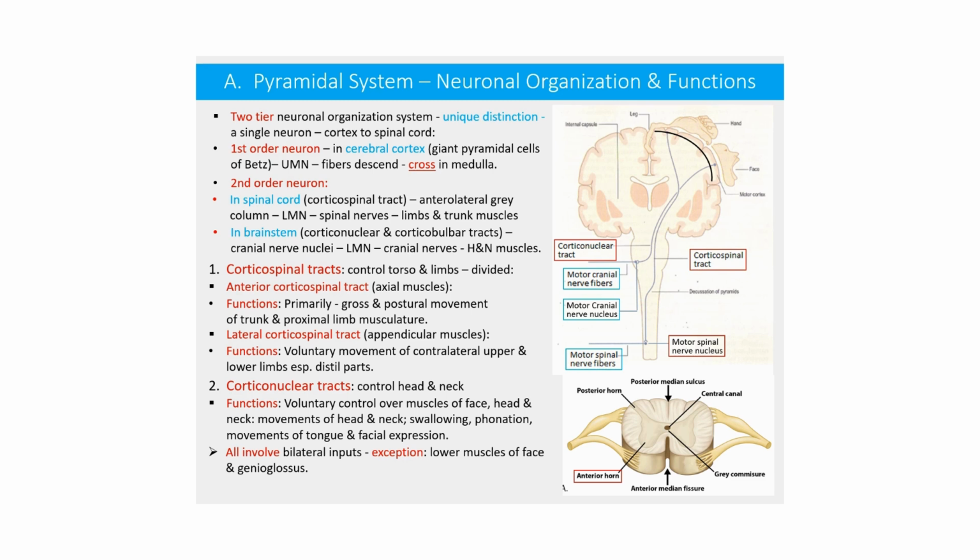All the fibers of the corticonuclear tracts give bilateral input to the lower motor neurons, exception being lower muscles of the face and genioglossus muscles of the tongue.